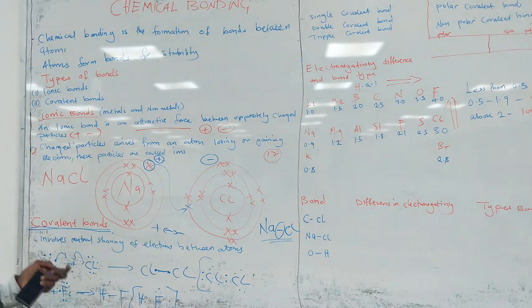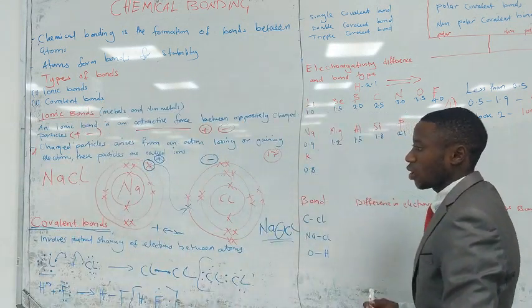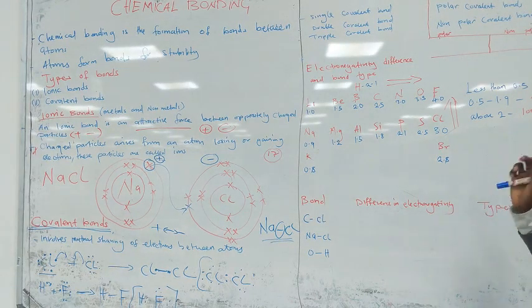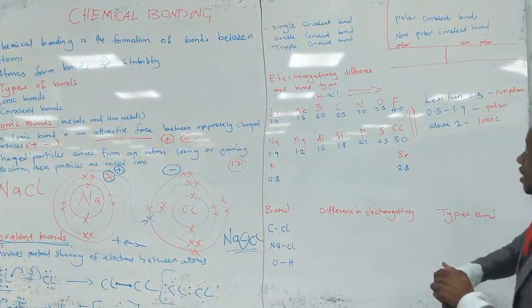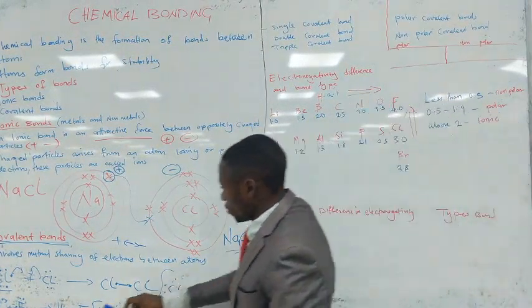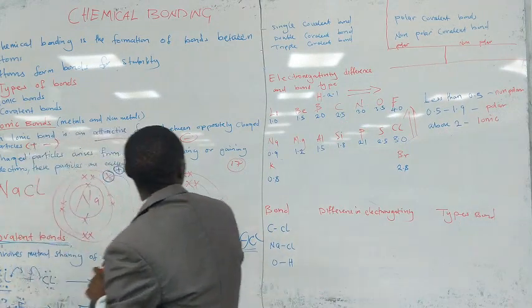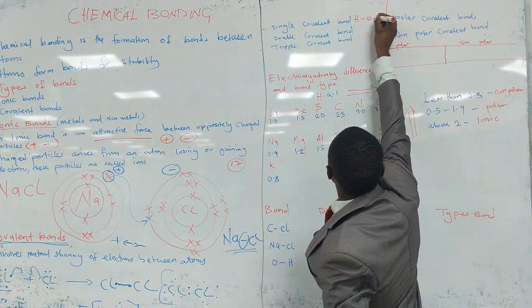These covalent bonds are further classified according to the number of bonds that a molecule or compound can form. So we have single covalent bond, double covalent bond, and triple covalent bond. Let me use a different marker. Under single covalent bond, we can give an example of water.